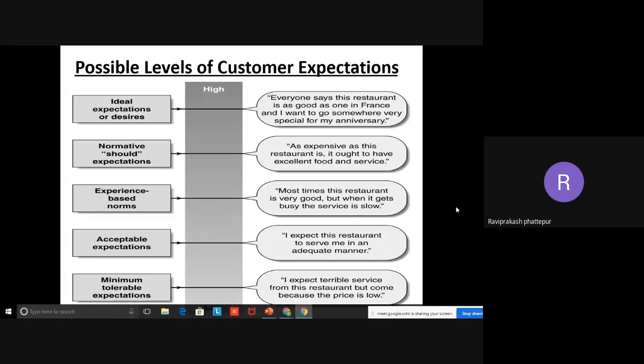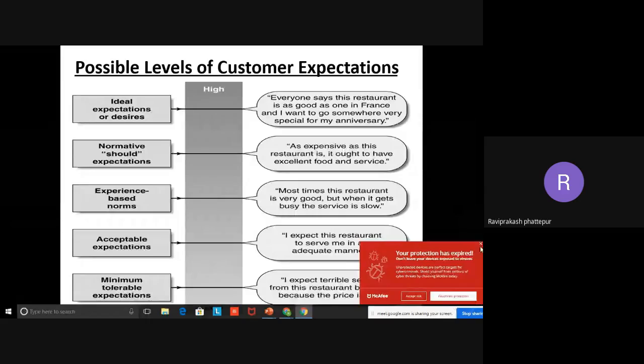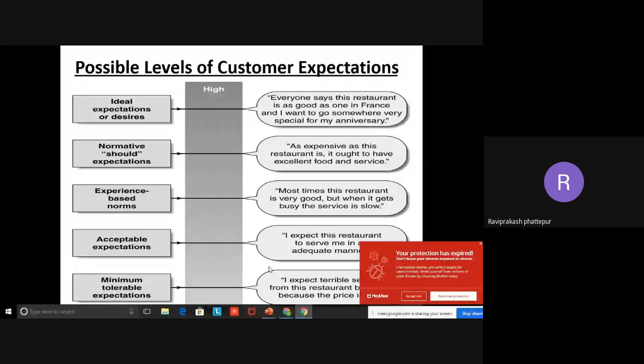Next comes acceptable expectations. So what is there here? Restaurant to serve me in an adequate manner. What do you mean by adequate manner? In the sense minimum type of service which is expected in a restaurant. So that is acceptable expectations. Next, moving to experienced norms.